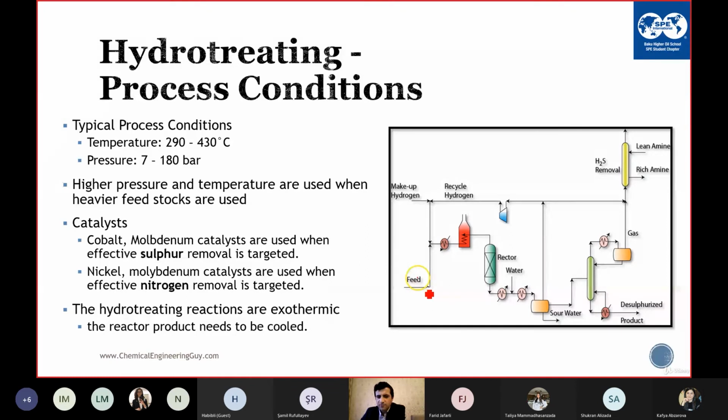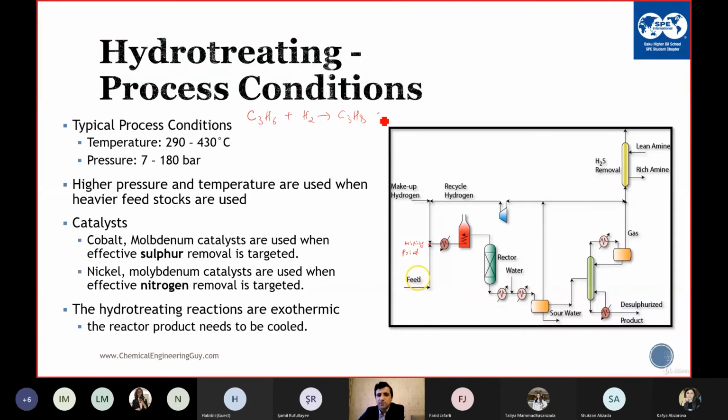Feed is mixed with hydrogen at the mixing point, and then it is sent to the reactor. For instance, C3H6 plus H2, we produce C3H8.